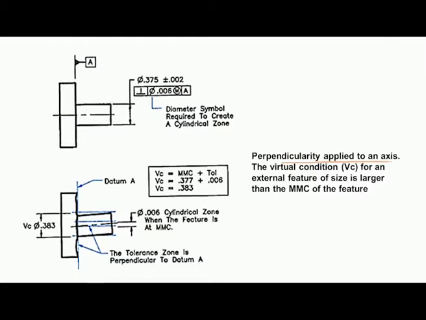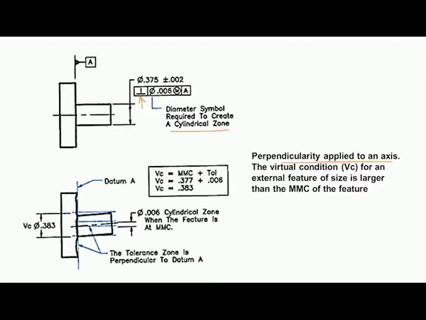Now, perpendicularity applied to an axis. I can see here this is the workpiece and this is the datum surface, reference surface. With reference to this, the perpendicularity of the axis should be achieved. So, this is the symbol for perpendicularity, and the diameter indicates that we have to consider the cylindrical zone.